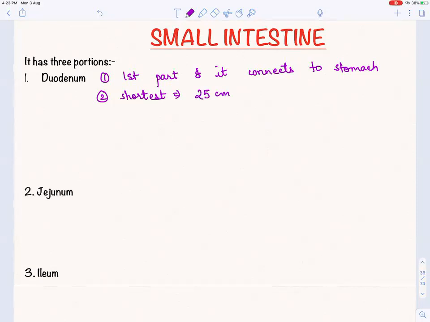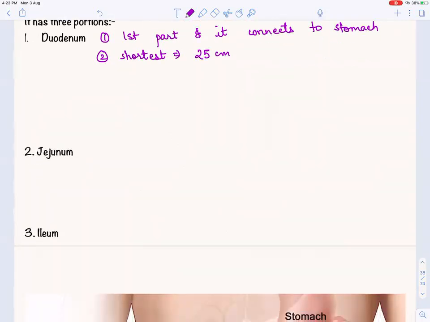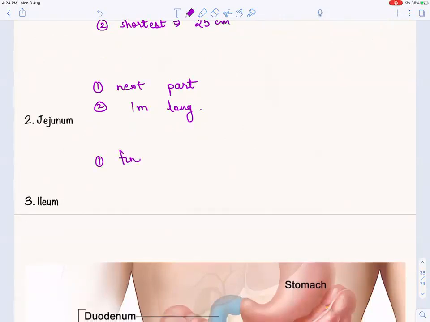What about the jejunum? Jejunum is the next part, around 1 meter long. And the ileum is the final portion, around 2 meters long, and it connects to the large intestine.